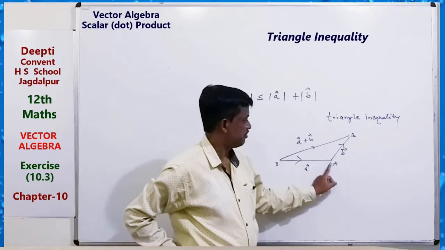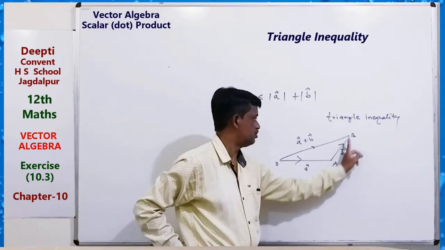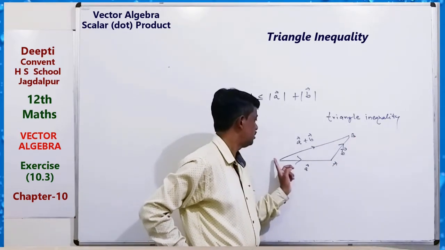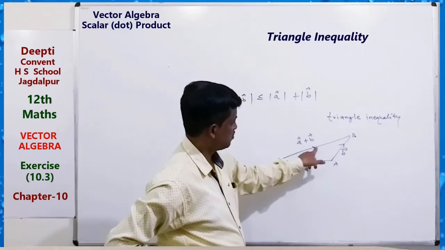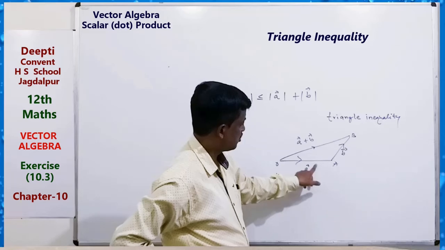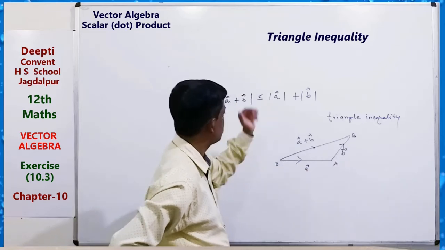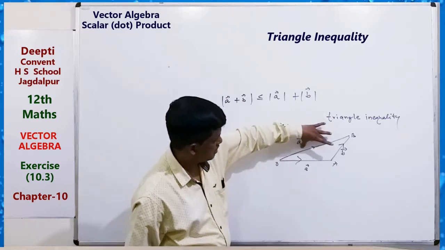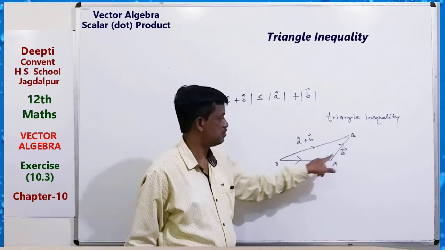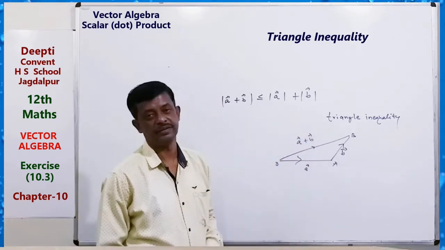Suppose this is a vector A and another vector is B, then by triangle law this is A plus B. So just take its modulus and its modulus and its modulus. So you can get a relation like this: modulus of this is less than or equal to modulus of this plus modulus of this. This is the triangular inequality.